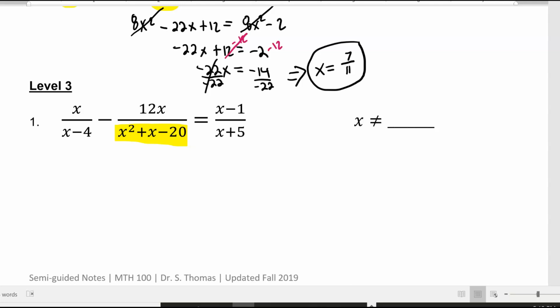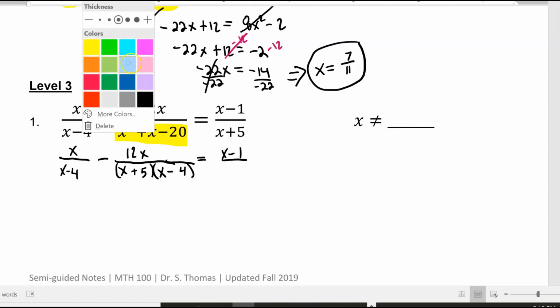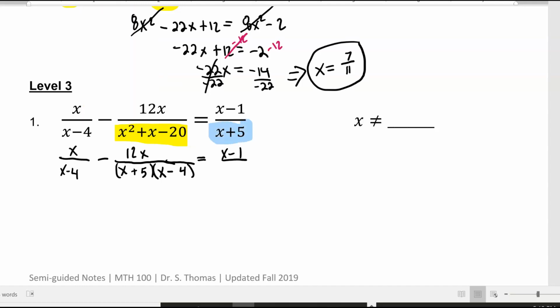So first thing for this one is we just need to factor the denominator. Which is kind of cool, you shouldn't have to think too hard because the other denominators help you out with the factors.